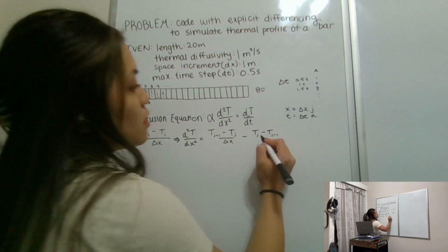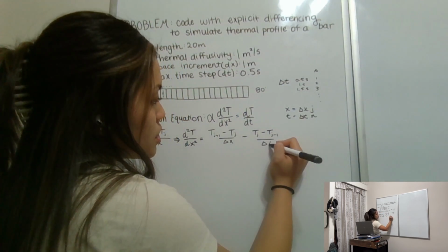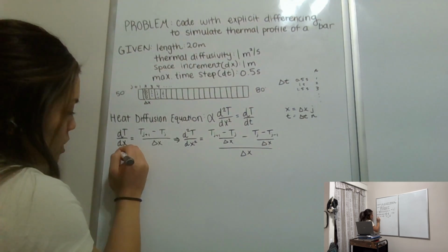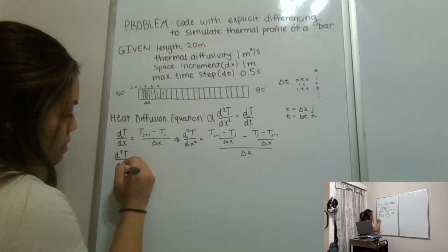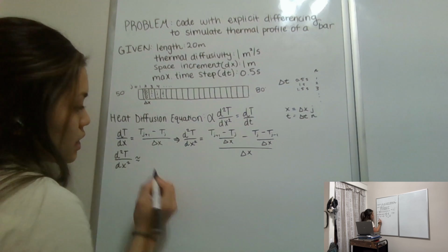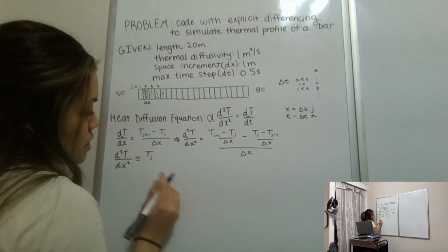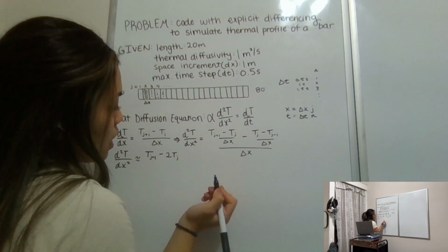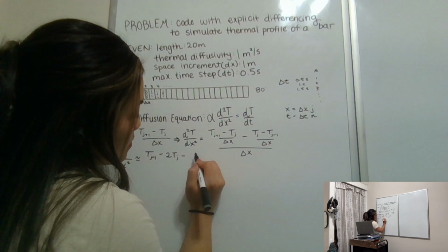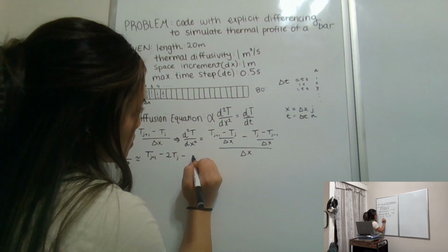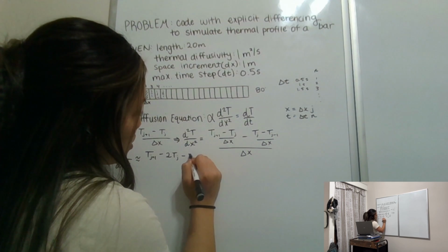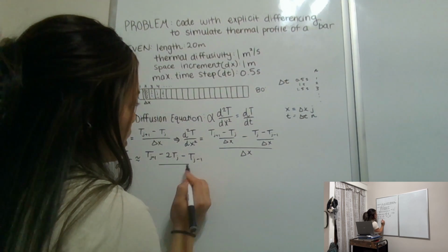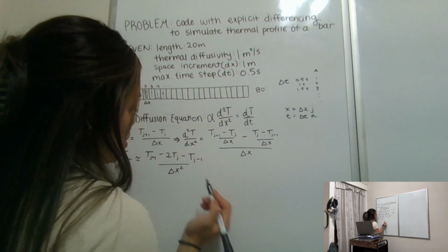These two blocks and these two blocks are all divided by the change in position, and this entire quantity is divided by the change in position again. So the approximation of the second derivative of temperature with respect to position is approximately the temperature at J plus 1 minus 2 times the temperature at J plus the temperature at J minus 1, divided by delta x squared.